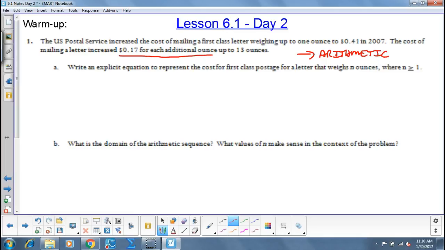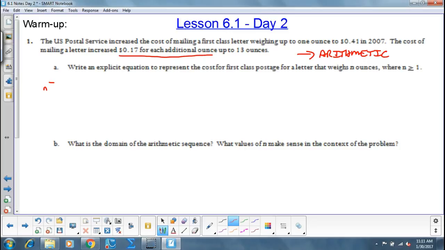So from page 470 or from the bottom of your notes then, the formula for an arithmetic equation is A sub n.